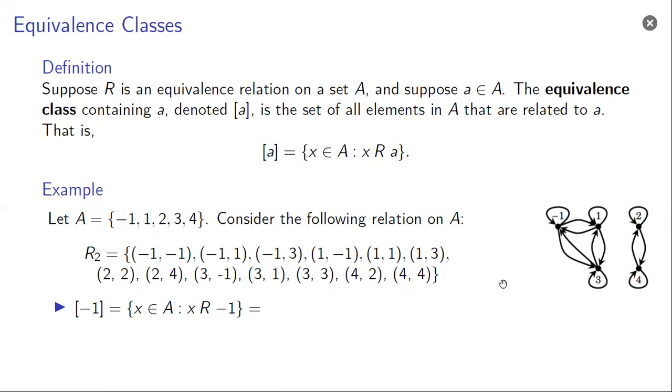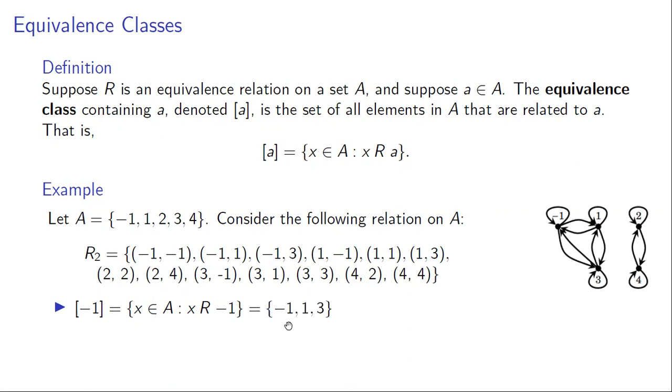Another way to see this is to look at the diagram, which is much more intuitive. Which things are related to -1? In other words, which things have a direct connection to -1? We see that -1 has a connection from itself to itself. Also, there's a direct connection between -1 and 1, and between -1 and 3.